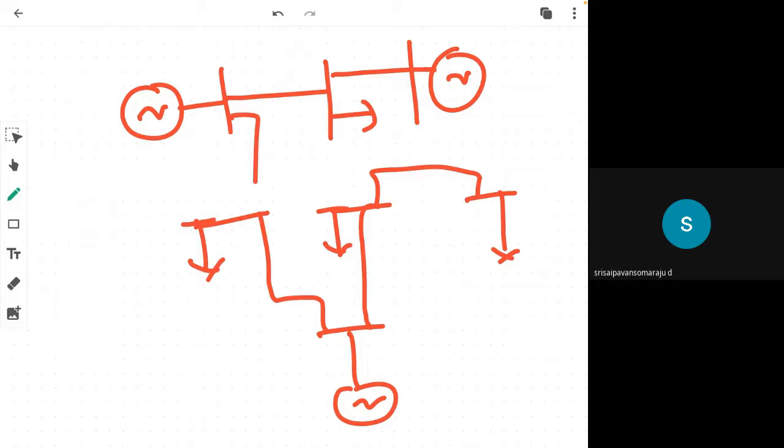The interconnected network, you have many connections. Many loads and generators are connected together to form an interconnected system.